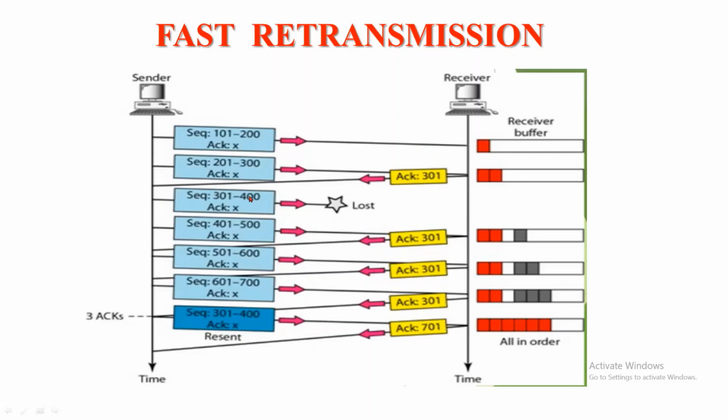Now it has not received this, but next it sends segments with sequence numbers 401 to 500, 501 to 600, 601 to 700. But the receiver keeps on sending acknowledgement with the number 301 because it has not received the segment which starts with sequence number 301.